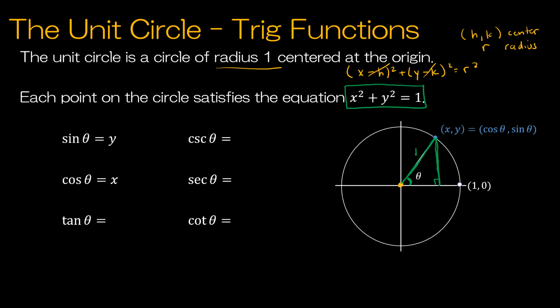And so if I were trying to find sine, if you'll recall, the way that we find sine in a right triangle is opposite over hypotenuse. So when we say opposite, we're talking about the side opposite theta, the side that theta opens up to. And when we talk about adjacent, we're talking about the side next to theta.